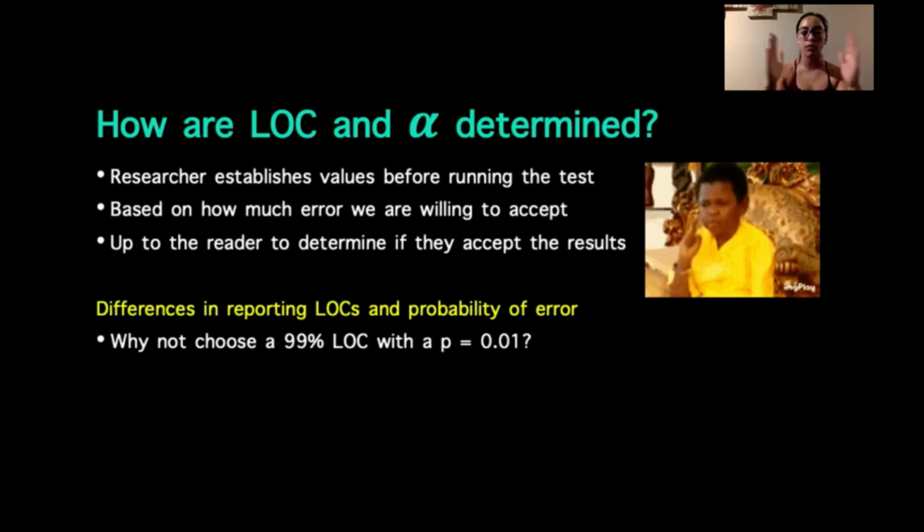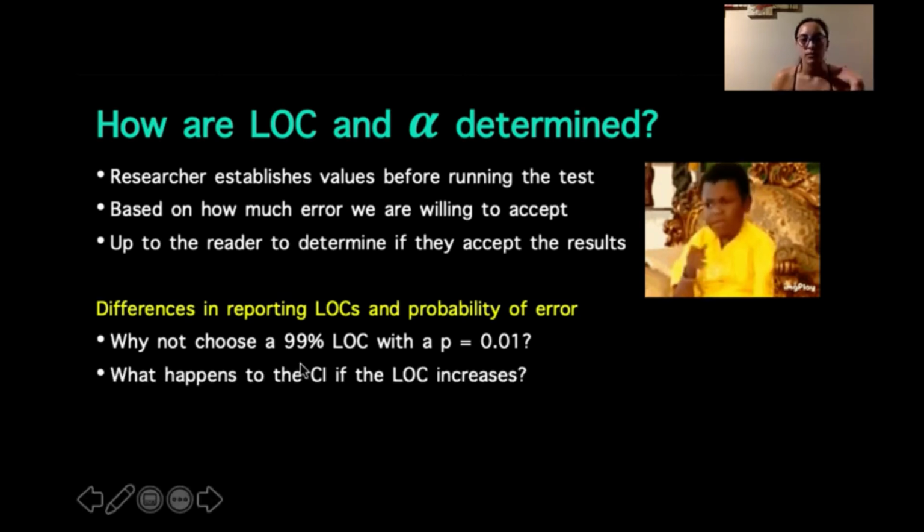Because the further apart our lower and upper bounds are going to be from each other. So the less error we're willing to accept, the less precise our interval is, but also the harder it is to reject the null hypothesis or to prove that there is an intervention or exposure effect based on however you're manipulating your subjects.